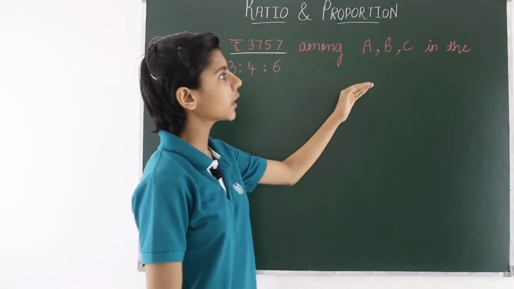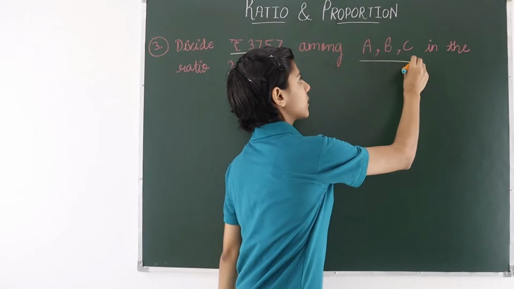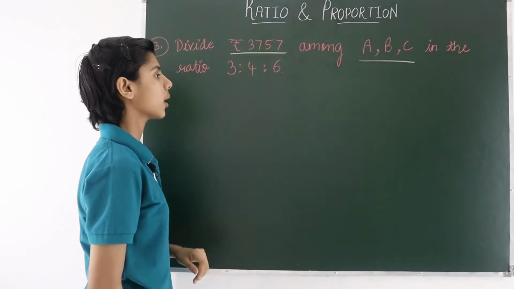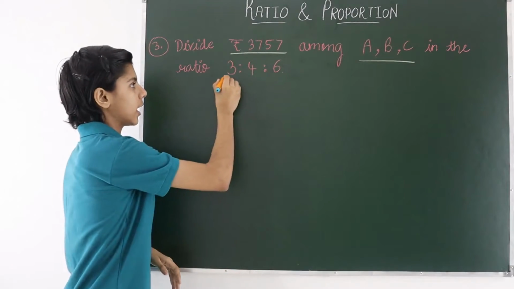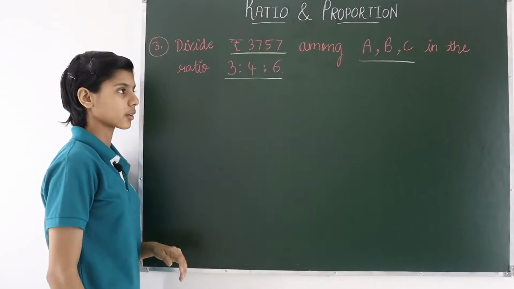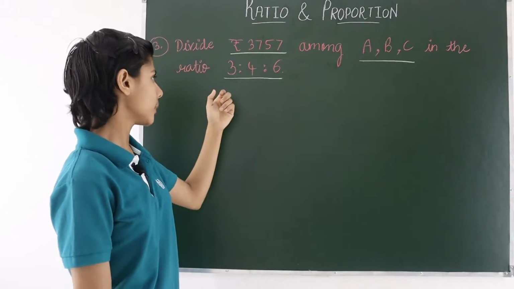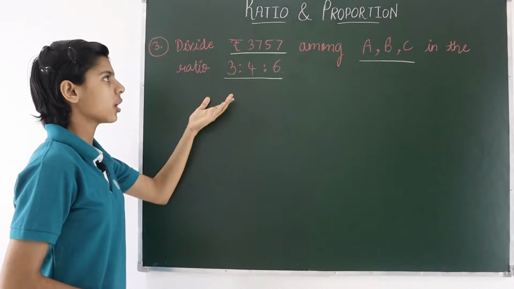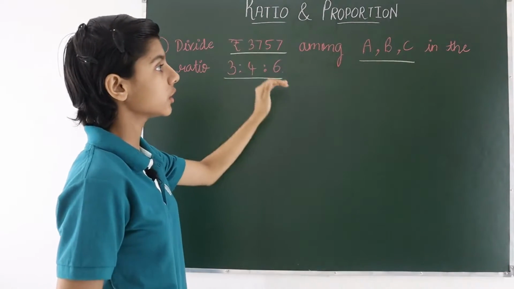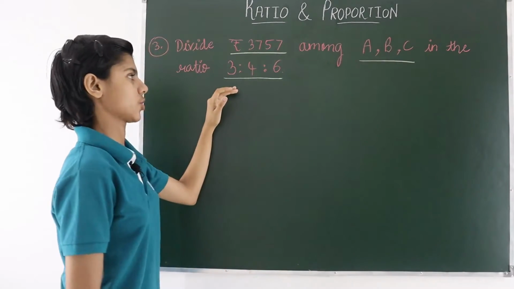We have to divide it among 3 persons, A, B and C, and we have to divide it in the ratio 3:4:6. Means if we divide the amount, the ratio should be this.